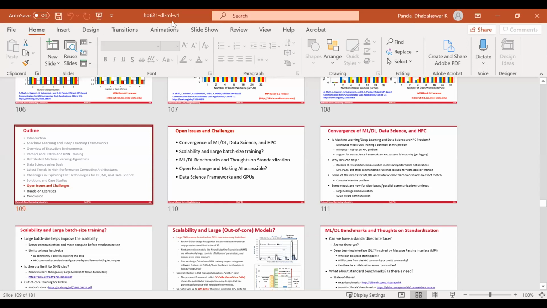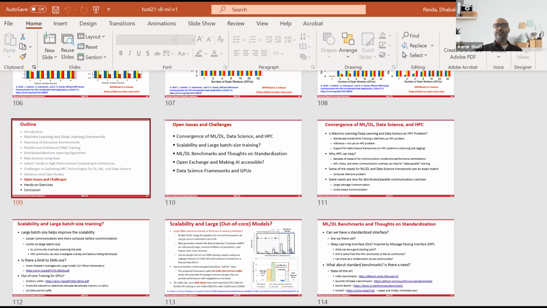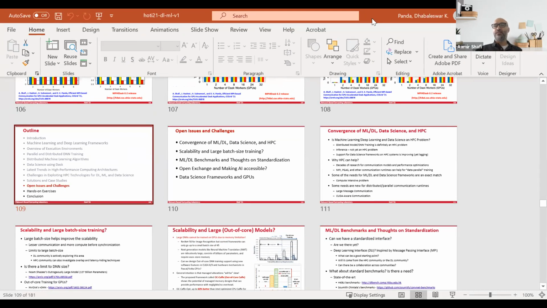My discussion was in the context of these big data frameworks, which traditionally have relied on CPUs, but more and more they're relying on GPUs. So there is now support for Dask on GPUs, and there are also efforts going on for Spark as we speak right now.